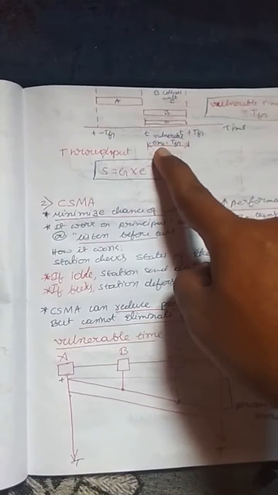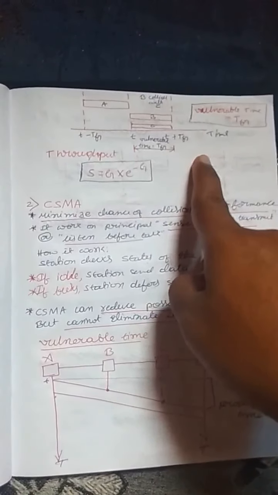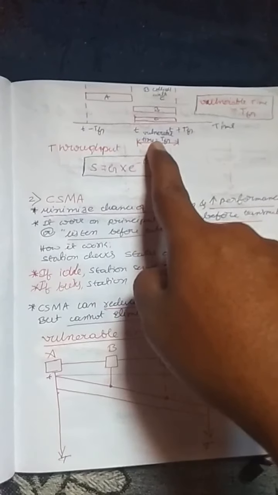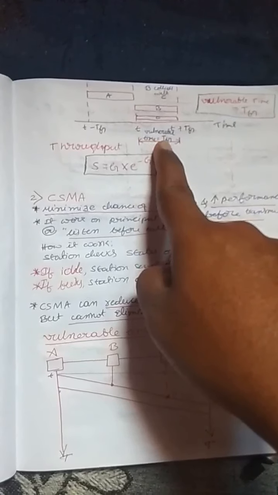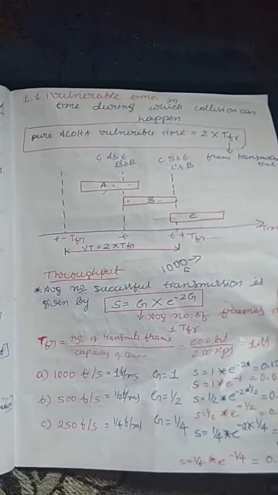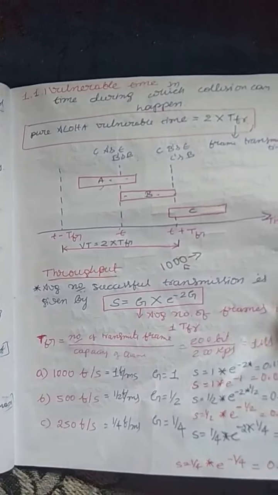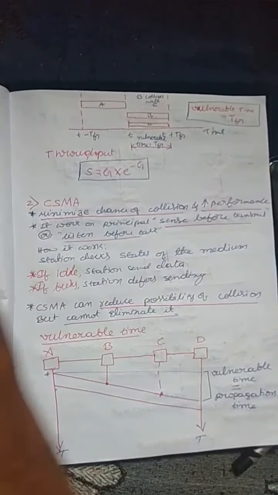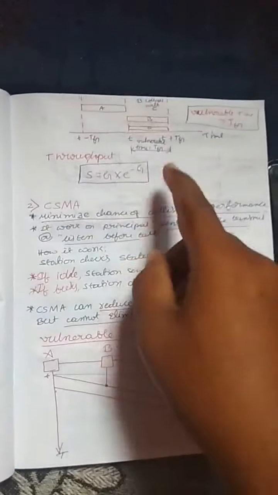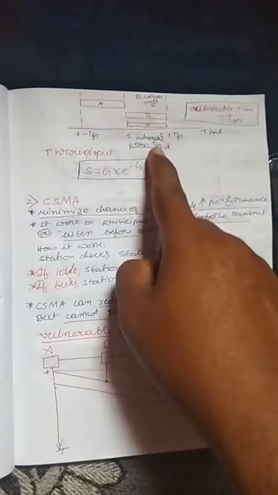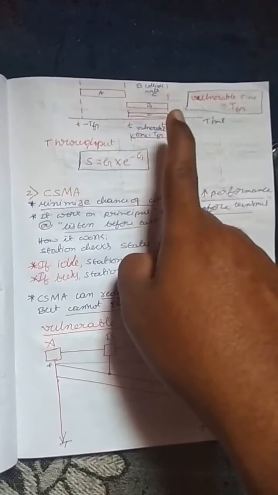So the formula is only Tfr. Vulnerable time is equal to the frame transmission time here.